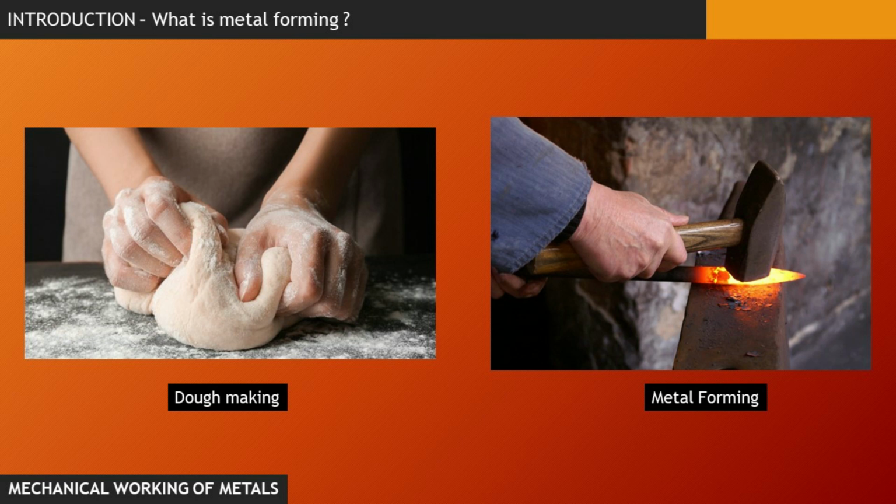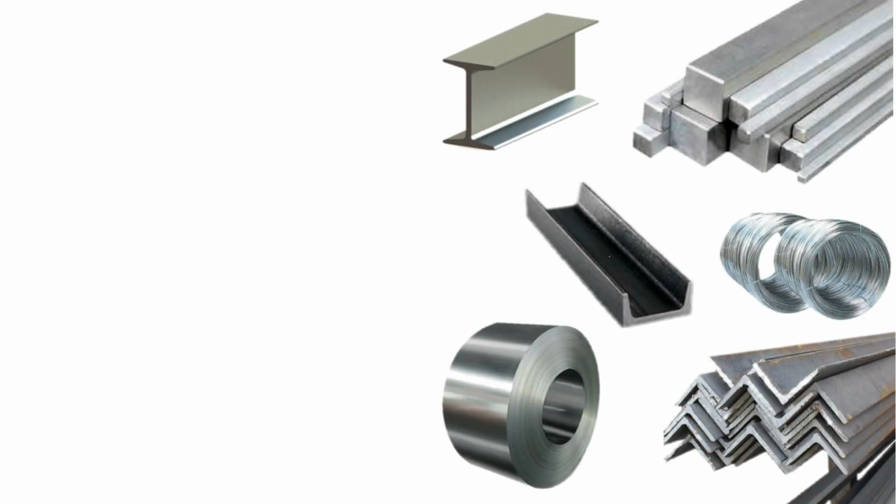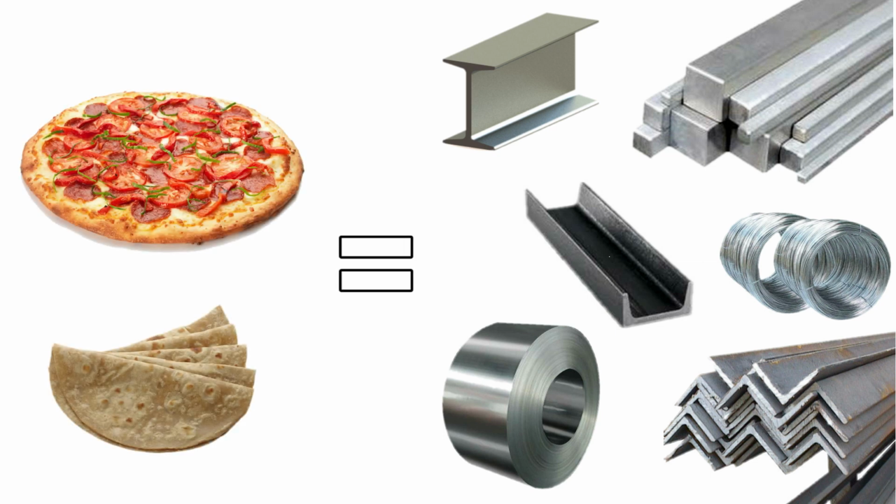So we can say that the raw material in case of metal forming, that is the hot metal or sometimes cold metal, is equivalent to dough, whereas the output of the metal forming process can be considered as pizza, roti and chapati.